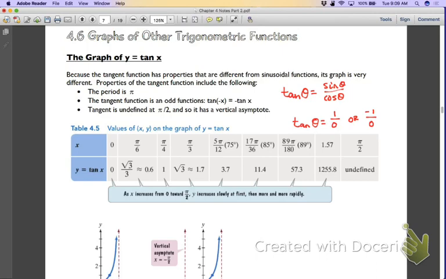What's going to happen basically at these two spots? Can I ever divide by zero? No. That's where the undefined part comes in.